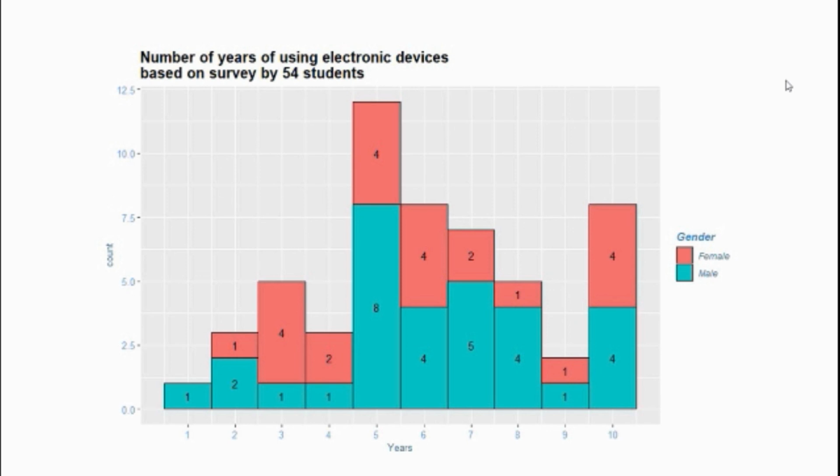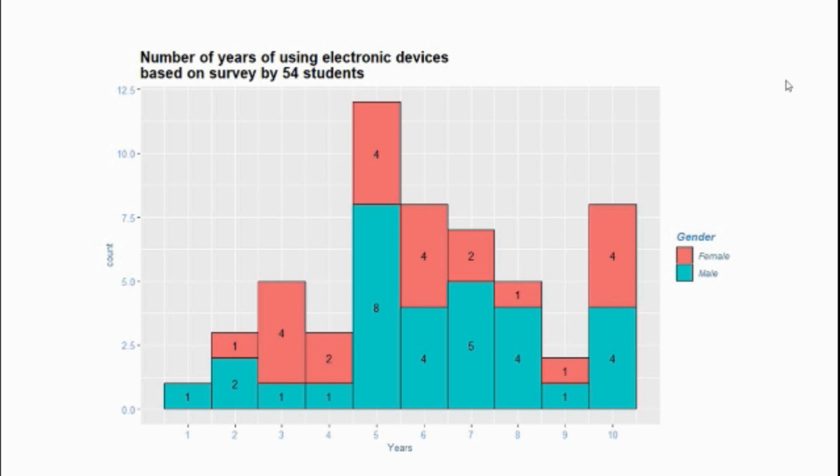From here we can see that the highest number of years used is 5 years, with a total of 12 females and 8 males. The lowest is actually 1 year. So only one participant, who is male, has been using a smart device for 1 year. If we go a bit above that, we have 9 years, which is one male and one female participant.